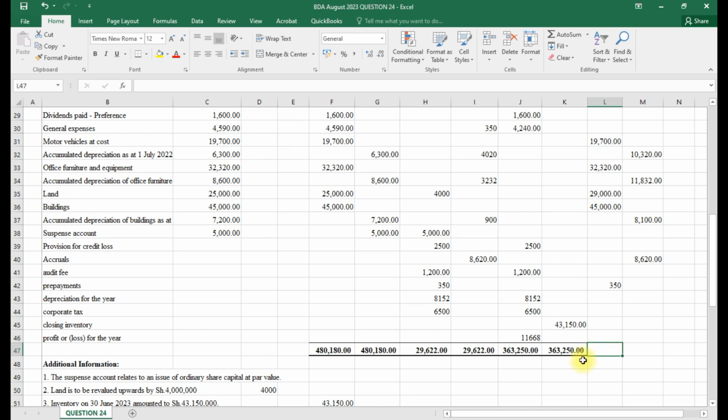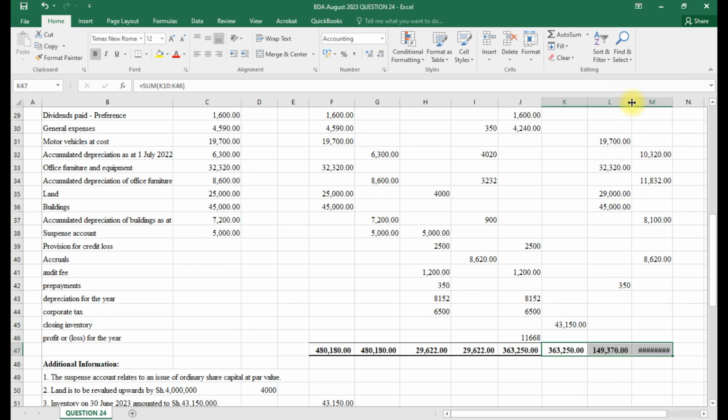Yeah, I'll just drag this here to that point, and I will extend this, and I'll extend this, and you'll find that we have a difference. Yeah, it's not balancing up. Let me check.